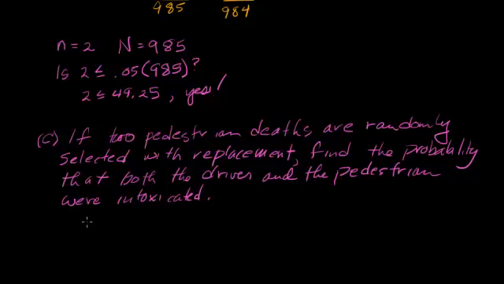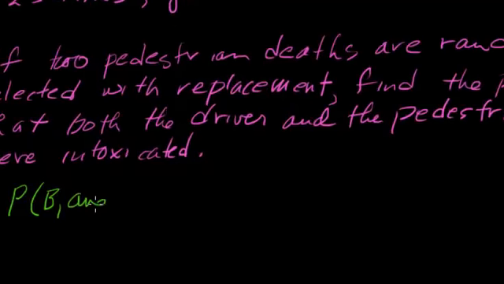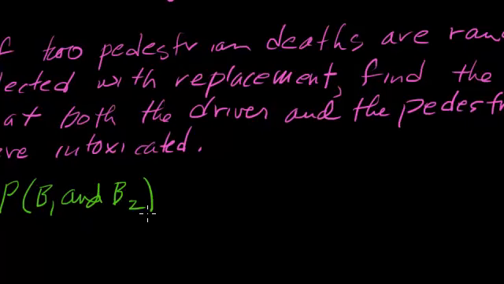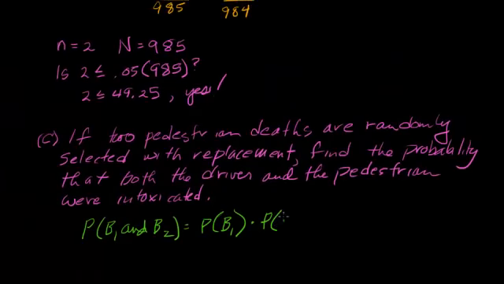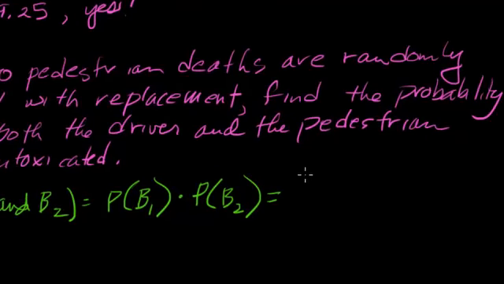Okay, so now our probability of B1 and B2 will just be equal to the probability of B1, on the first selection, we find that they were both intoxicated, times the probability of B2. No conditional probability required. So that would be, on the first draw, we said there are 59 out of 985.